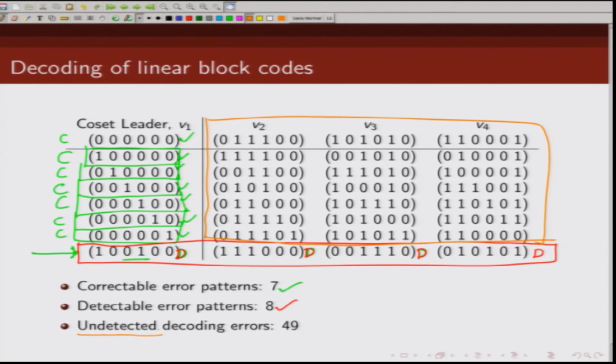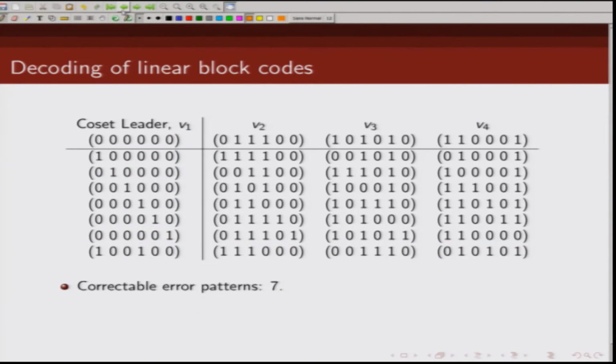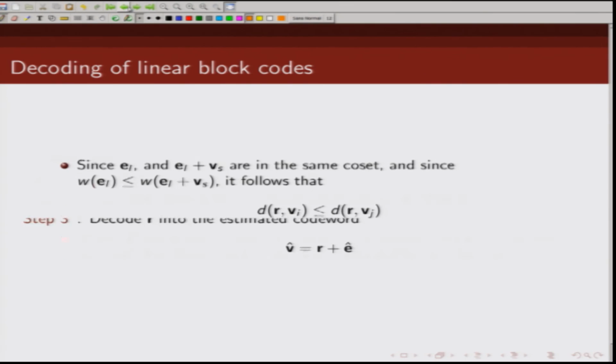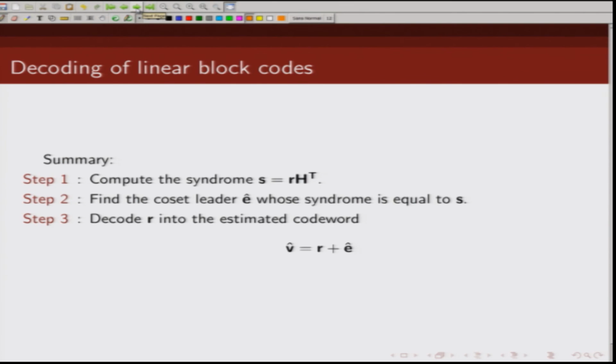The syndrome will point out to a particular coset or a row of this standard array, and if the coset leader has the minimum number of ones, then we will pick that coset leader as our likely error pattern, and we are going to decode it by picking that likely error pattern, adding it to our received code word, and that would be our estimated code word.